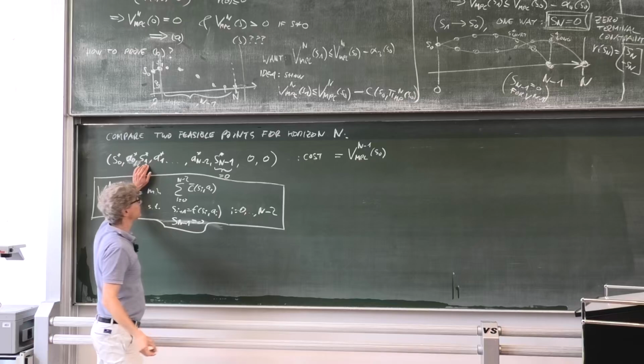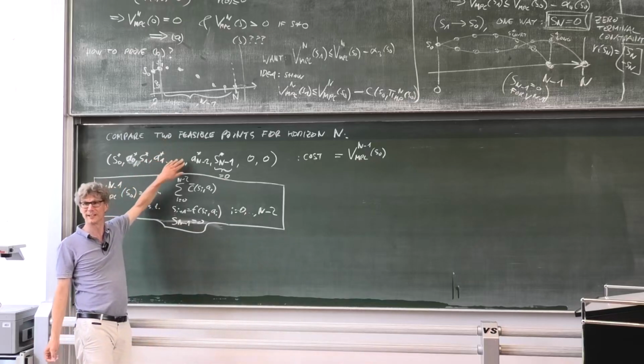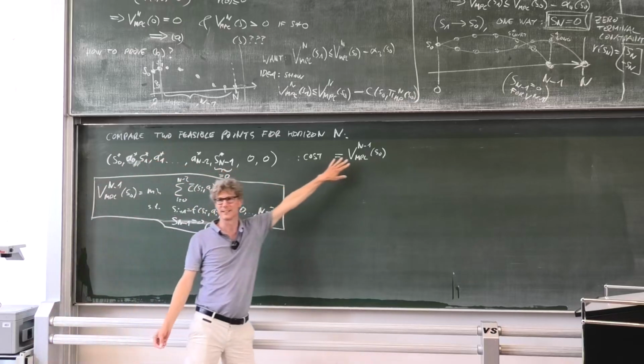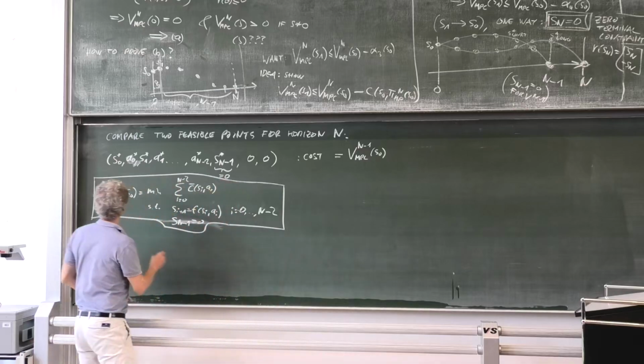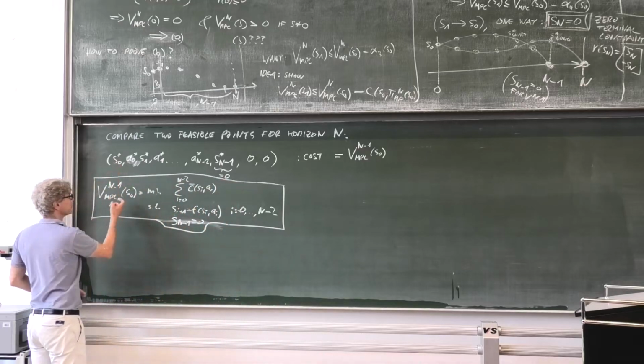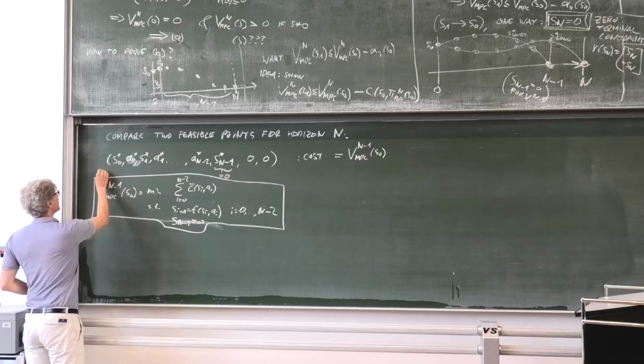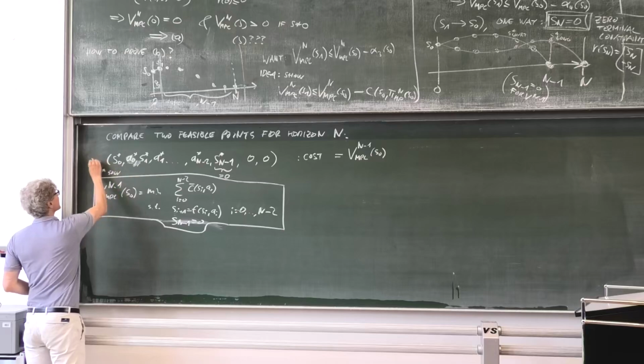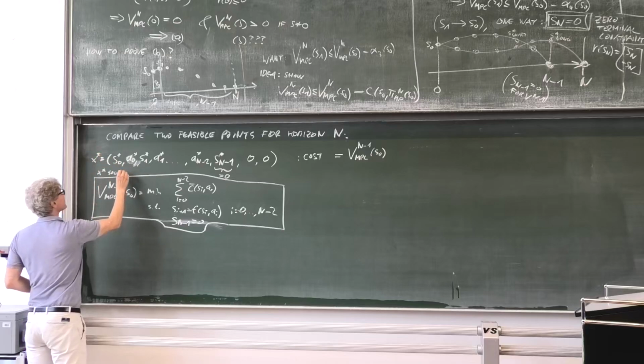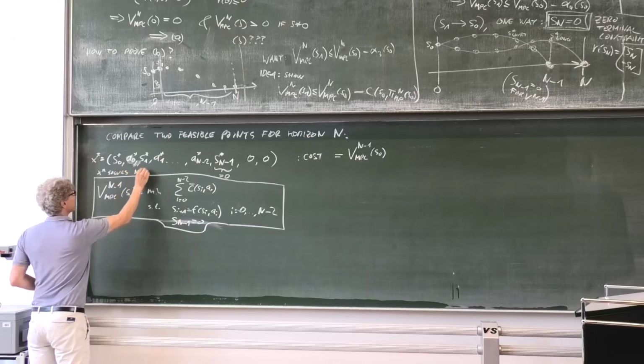But it's a feasible point for horizon n, not for n minus 1, but it has the same cost. And then the other point is now the optimizer of the new problem. So x star solves the n minus 1 problem.